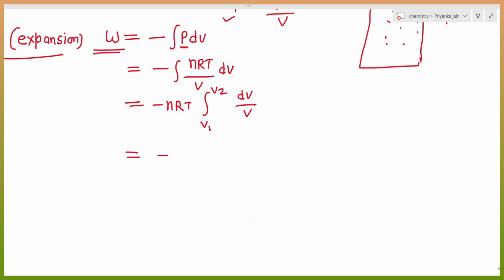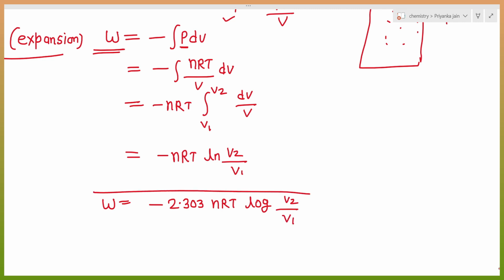So what we are getting is minus nRT natural log of V2 upon V1. Or you can write W is equal to minus 2.303 nRT logarithm of V2 upon V1. So this is the general formula for the isothermal reversible expansion of ideal gases.